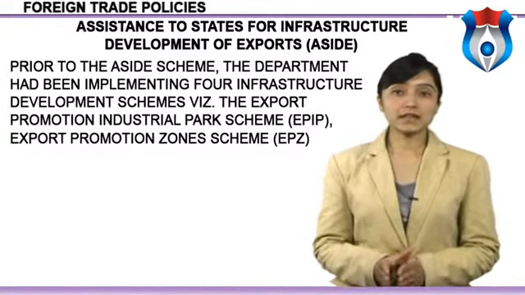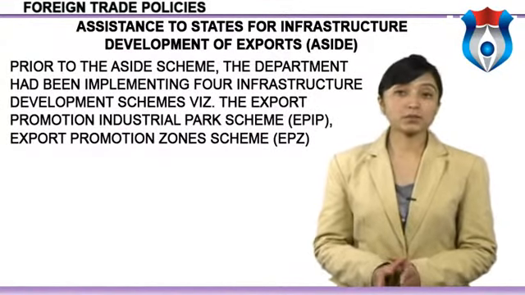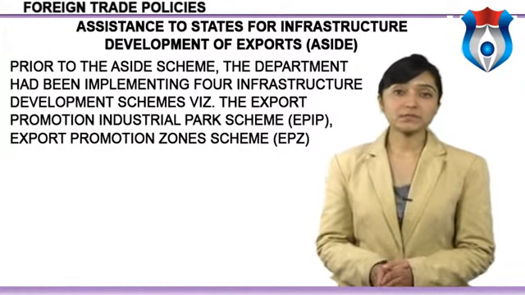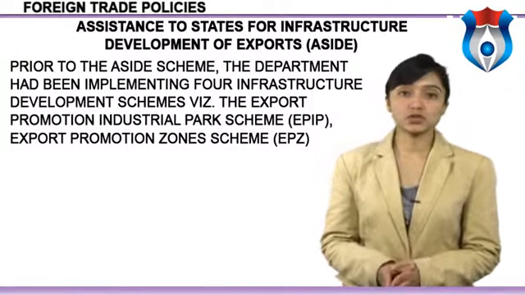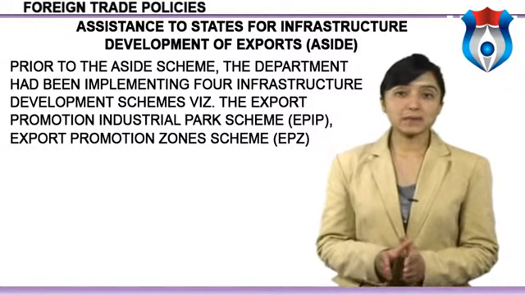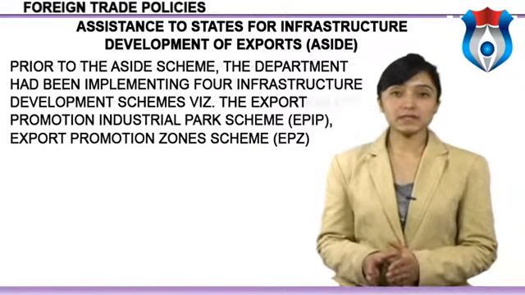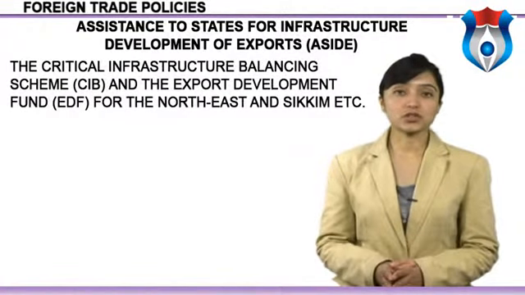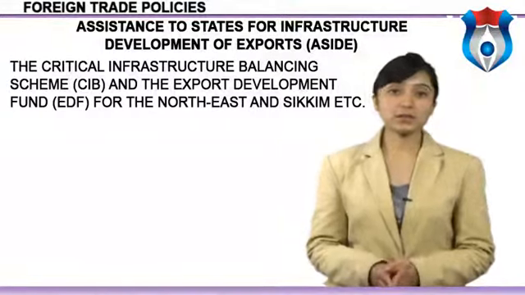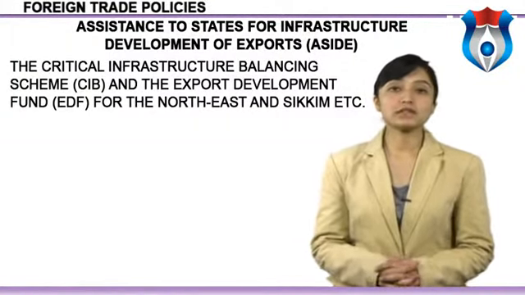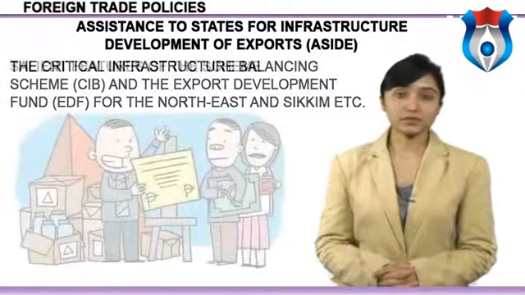Prior to the ASIDE scheme, the department had been implementing 4 infrastructure development schemes: the Export Promotion Industrial Park Scheme EPIP, Export Promotion Zone Scheme EPZ, the Critical Infrastructure Balancing Scheme CIB and the Export Development Fund EDF for the Northeast and Sikkim, etc.